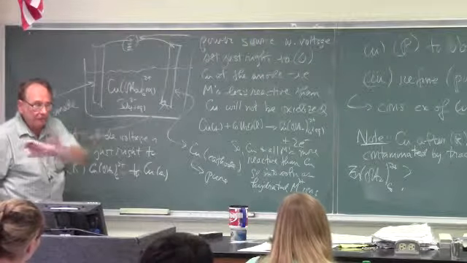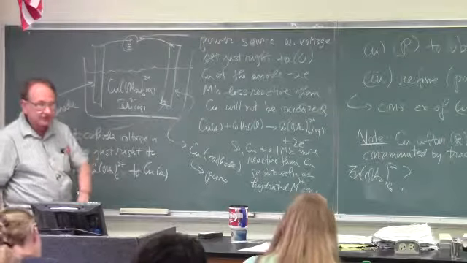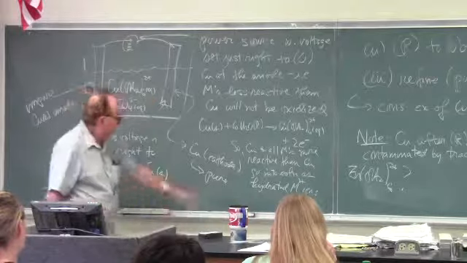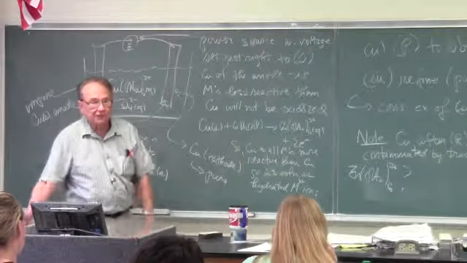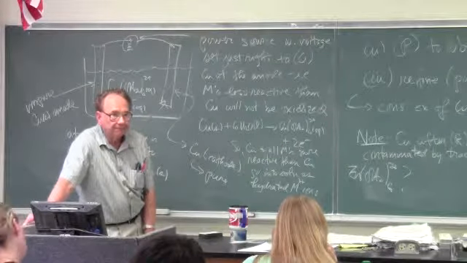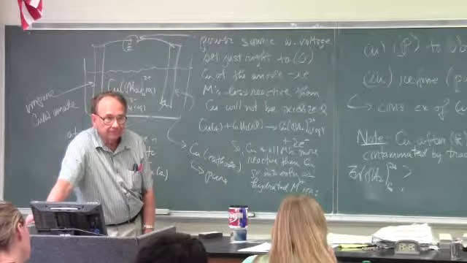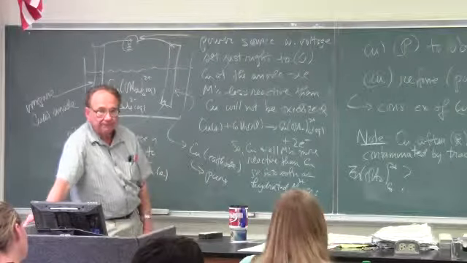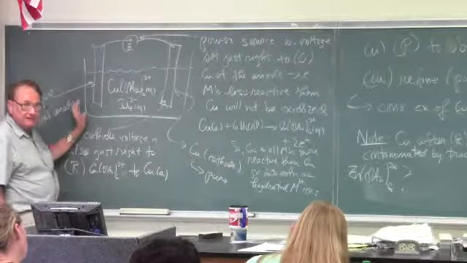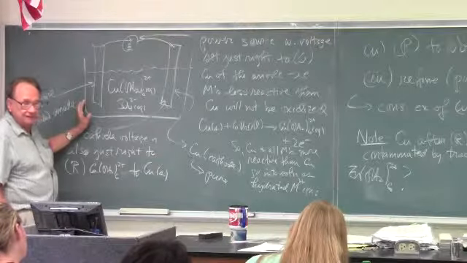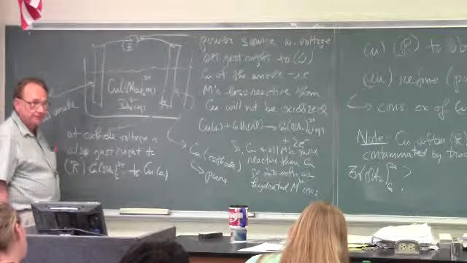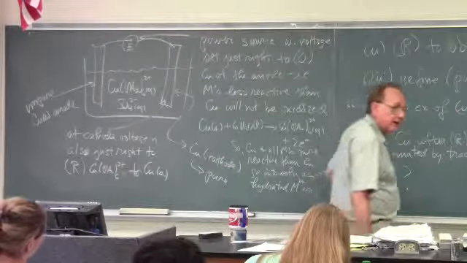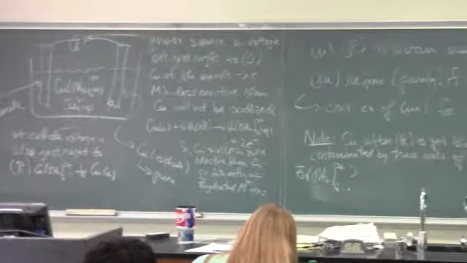If you remember from the half reaction table, hydrated zinc ion, hydrated copper ion, which is the stronger oxidizer? These other metal ions like zinc ion have been derived from metals that are more easily oxidized than copper. Okay, so far? What does that tell me about the strength of their oxidized form as oxidizers?